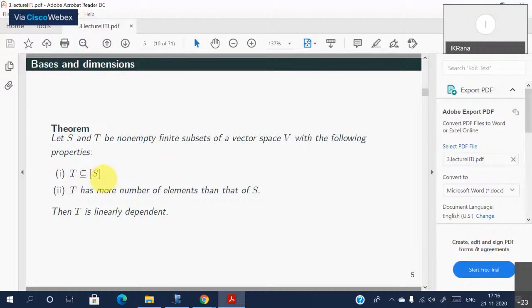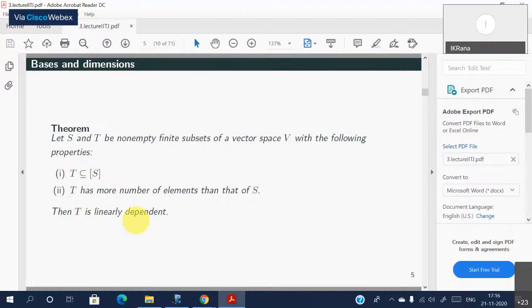And suppose the second condition is that T has more elements than S. S and T are two sets. Suppose T has more elements than S, and T is inside the span of S, then the claim is T is a linearly dependent set. And what is a linearly dependent set? A set which is not independent is said to be linearly dependent.